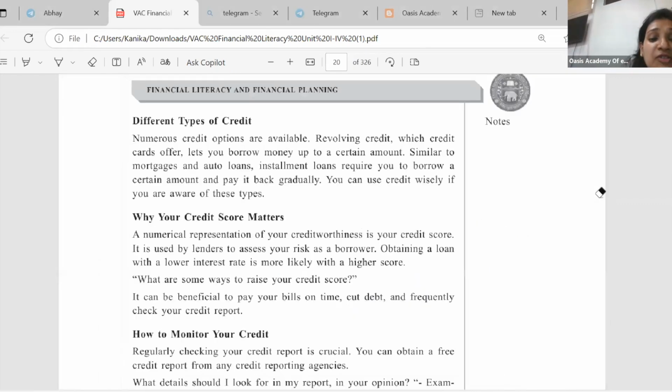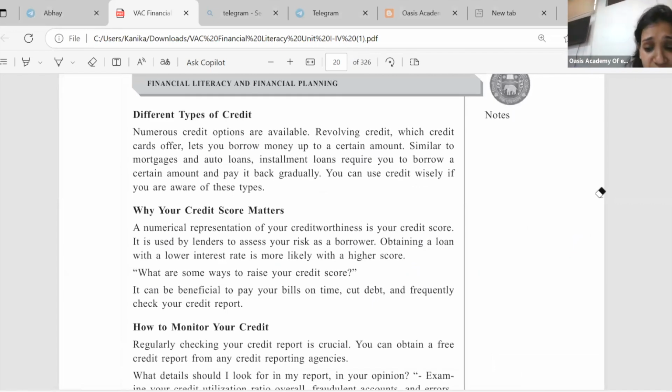Now, the different types of credit. There are different types of credit. Like you have mortgages, auto loans, and installment loans, where you borrow a certain amount and pay it back gradually. You don't pay it back immediately.